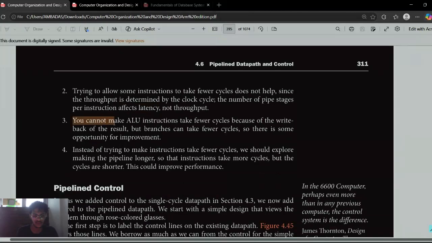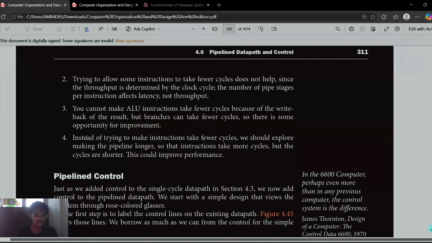The third: you cannot make ALU instructions take fewer cycles because of write back of result, but branches can take fewer cycles, so there is some opportunity for improvement. And the fourth: instead of trying to make instructions take fewer cycles, we should explore making the pipeline longer, so instructions take more cycles, but cycles are shorter. This could improve the performance.